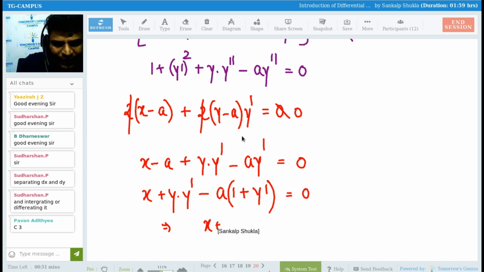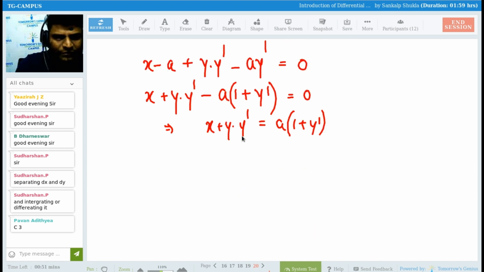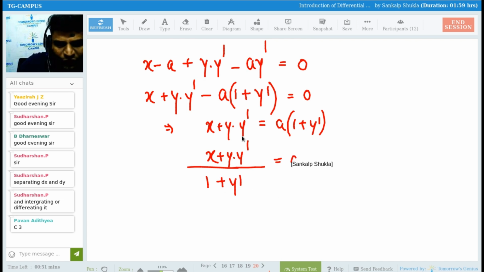So it is x plus y into y dash is equals to a into 1 plus y dash. So what is the value of a? The value of a is x plus y into y dash upon 1 plus y dash. This is the value of a.